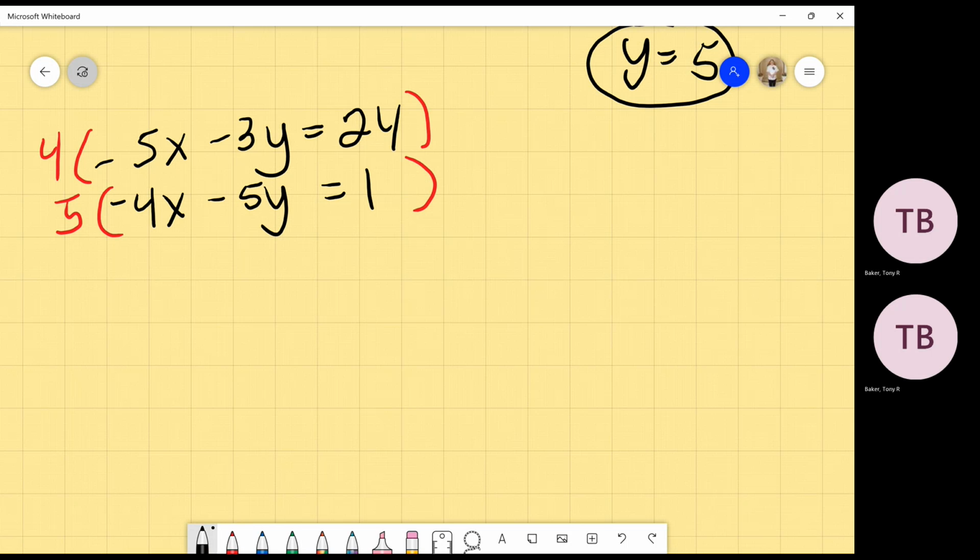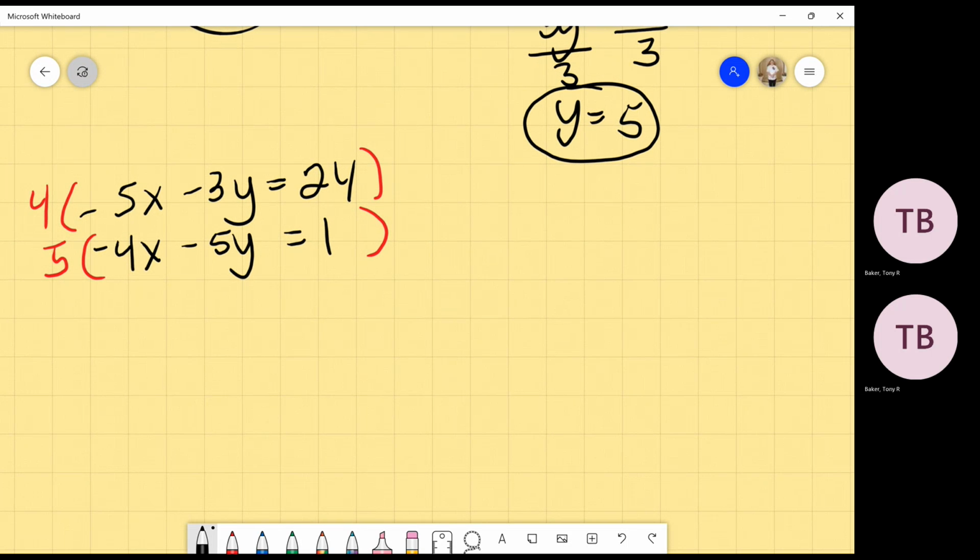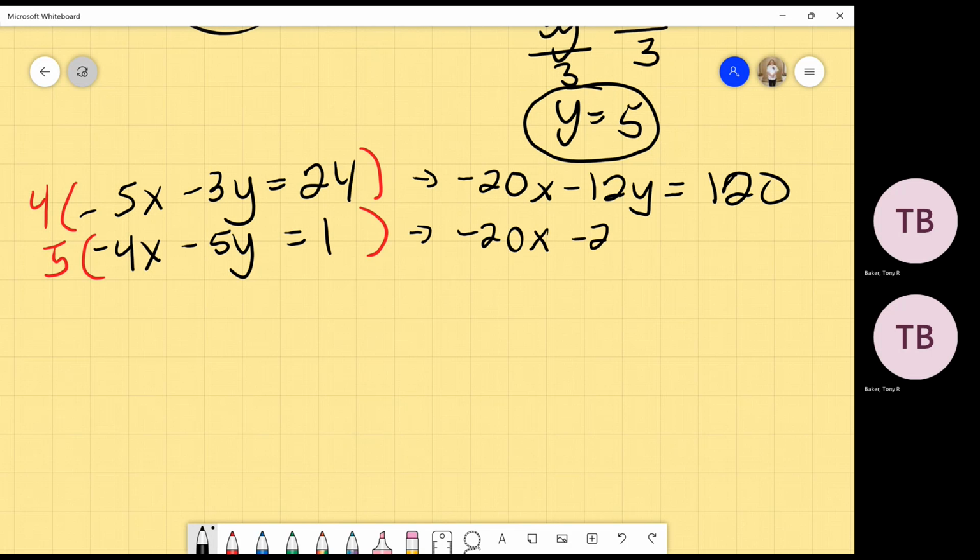So if I multiply that whole first equation by 4, I get negative 20x minus 12y equals 120. If I multiply this one by 5, I get negative 20x minus 25y equals 5.